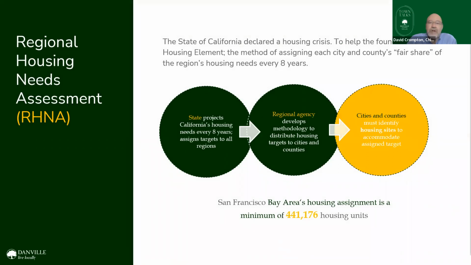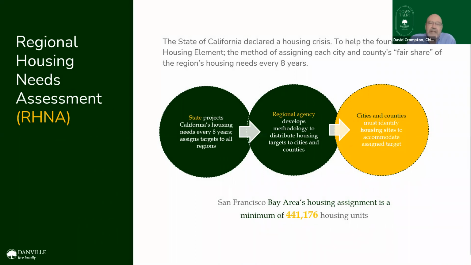So how do we know what our housing need is and who gives us those numbers? Well, it's a process called the Regional Housing Needs Assessment, or the RHNA, which we've all got to know very well. As most people are aware, the state has declared a housing crisis in California that's been going on for a number of years now. So the housing units that each community needs to plan for start at the state level.